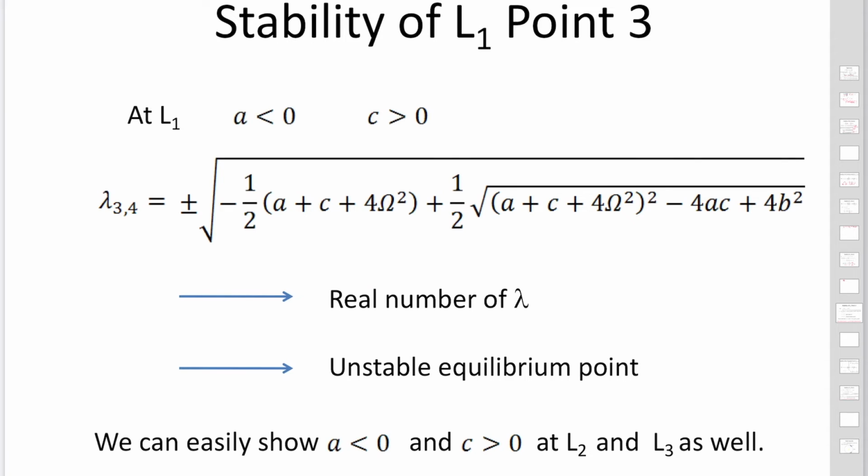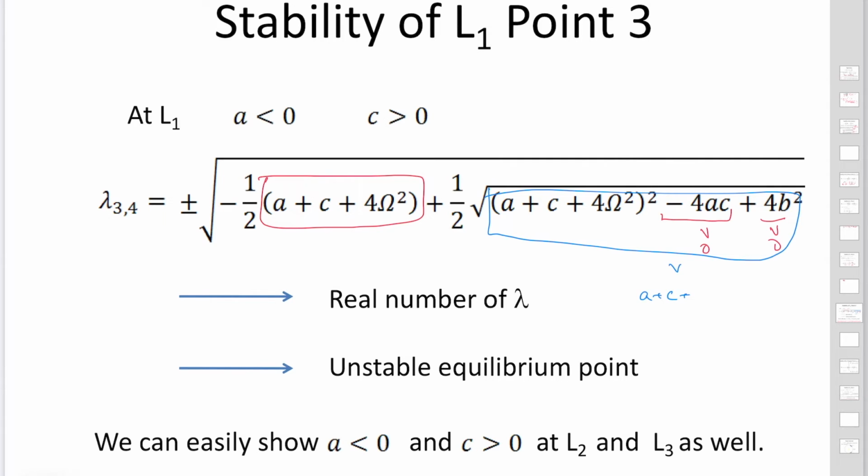So at the L sub 1, A is negative, C is positive. Then this part is positive. So if you're considering this quantity with this quantity, this should be larger than A plus C plus 4 omega squared.